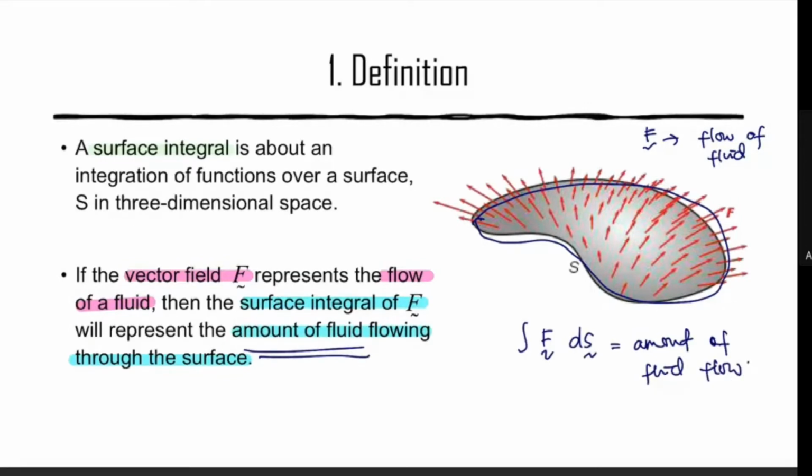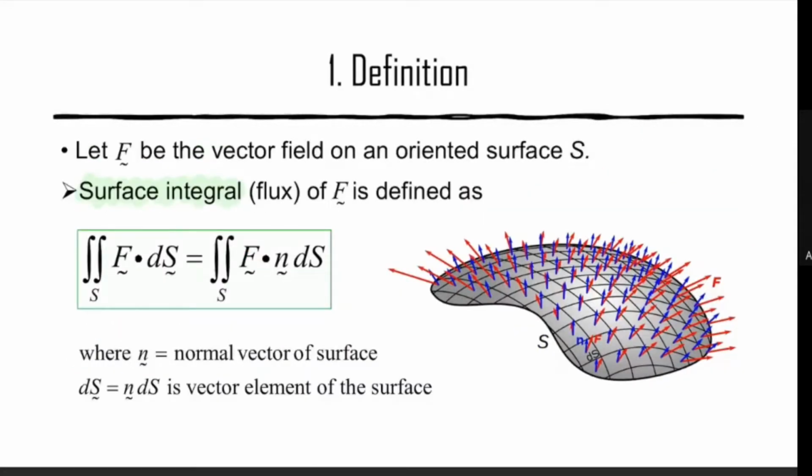Okay, for line integral, you do single integration. But for surface integral, you have to do double integral. So this is the formula. It is given by double integral of F, this F is the vector, dot product with dS.